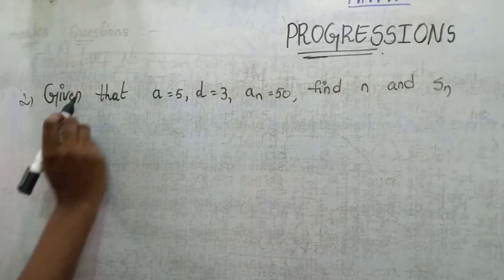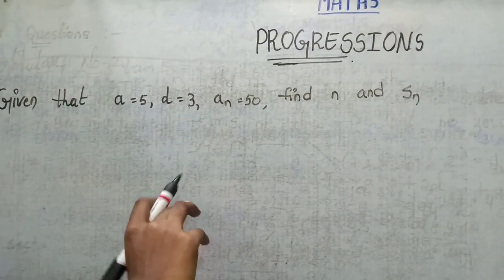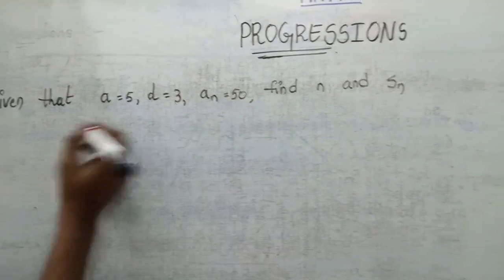Now, given that A is equal to 5, D is equal to 3, N is equal to 50. Now, we should find the n and Sn.